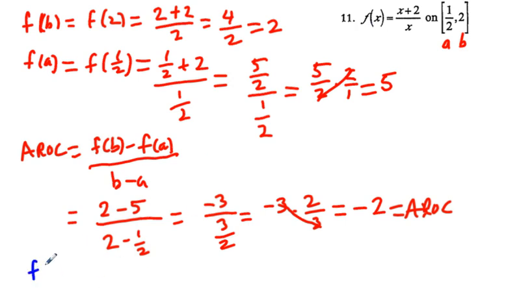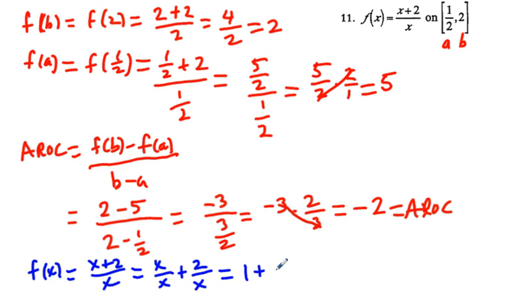So f of x is equal to x plus 2 over x, so it simplifies to x over x plus 2 over x, which simplifies to 1 plus 2x to the negative 1 power.